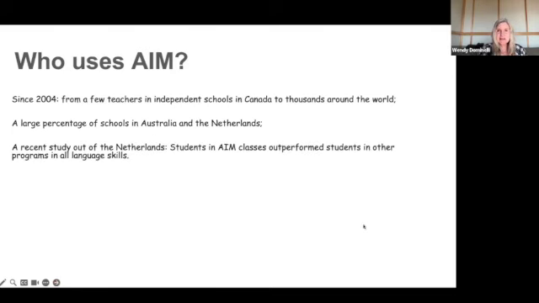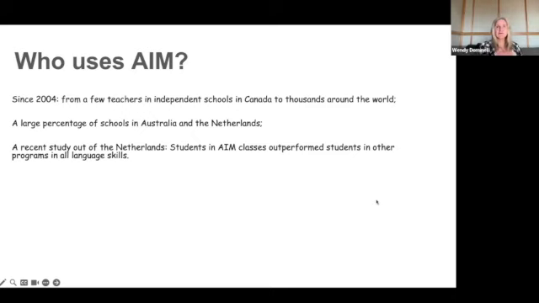Now, in the Netherlands, there was a recent study, well, a long-term study that was done a few years ago on students in AIM classes, because a lot of students are learning French through AIM over there, and parents were wondering, is this a good methodology?